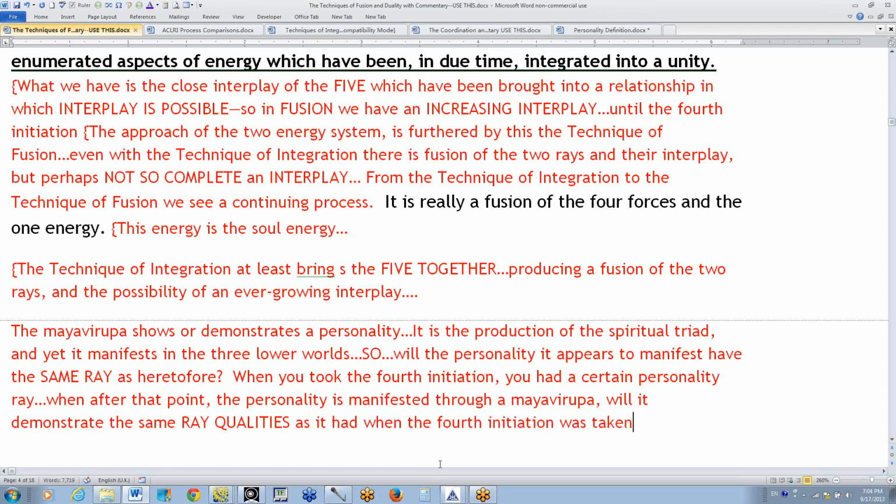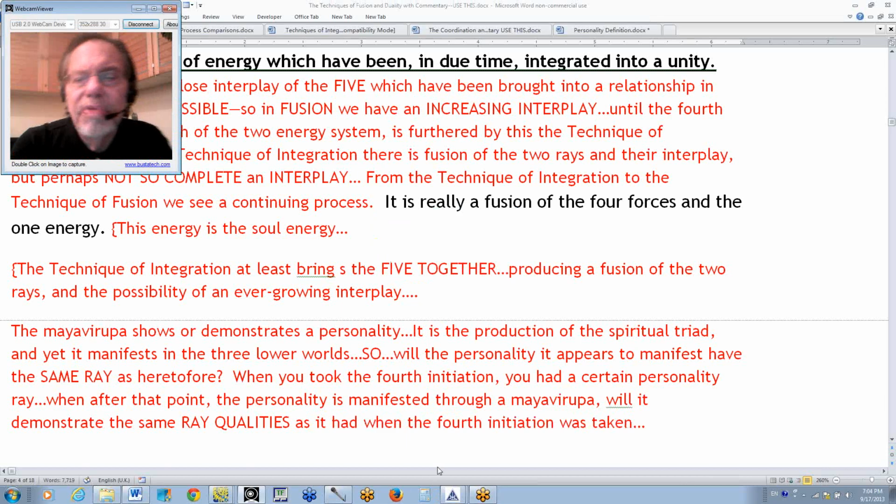Or suppose you took the fourth initiation and you did not die, or you did not lose your physical vehicle, which is also possible. The fourth and fifth can be taken maybe in the same life, the same incarnation. So it was sustained.